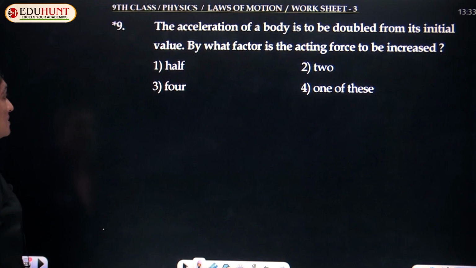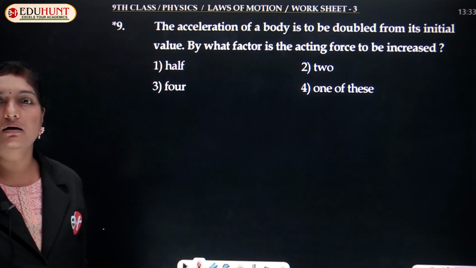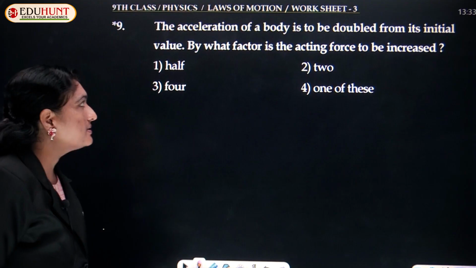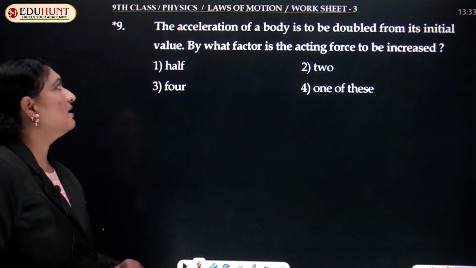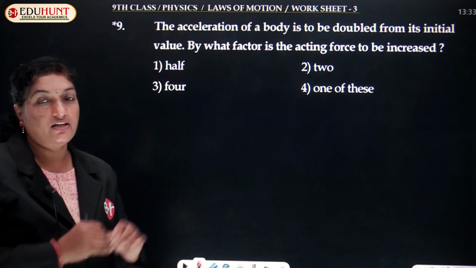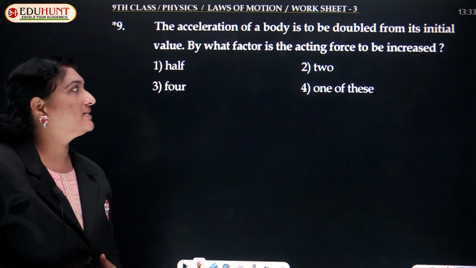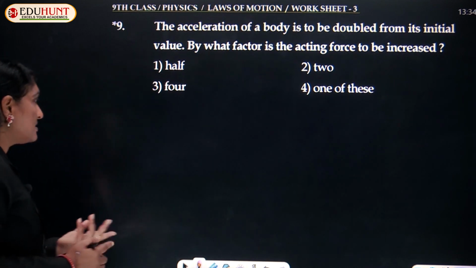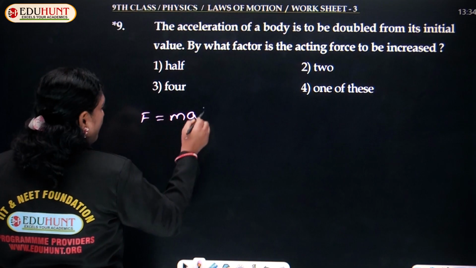Okay, now moving on to the next question, that is question number 9. The acceleration of a body is to be doubled from its initial value. Acceleration is to be doubled. Initially it is a, now it is 2a. By what factor is the acting force to be increased? As we know the formula for force, F is equal to ma.